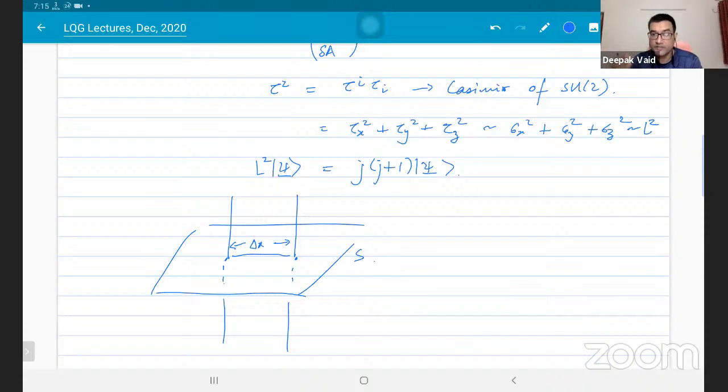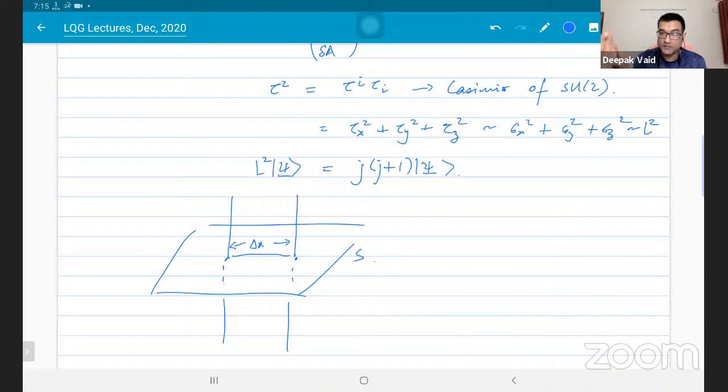The area of a surface is something that comes about when you endow that surface with a metric structure. Seen from the quantum perspective, when you have a puncture, it creates a quantum of area. It creates an excitation of your metric.